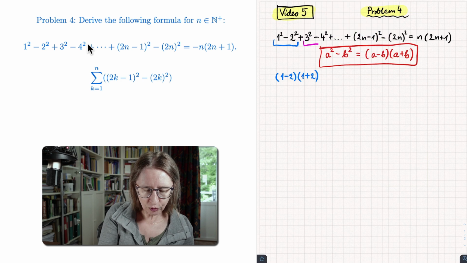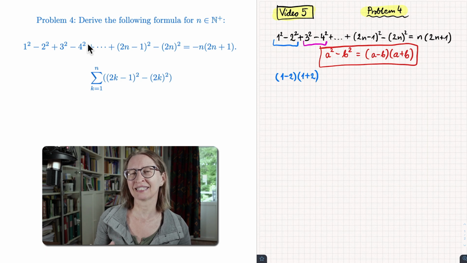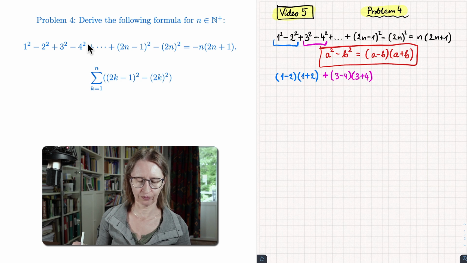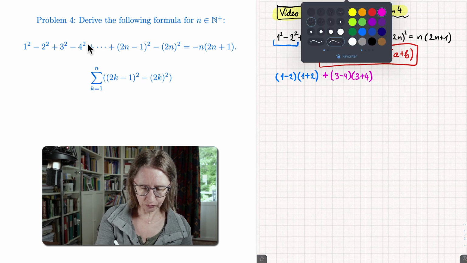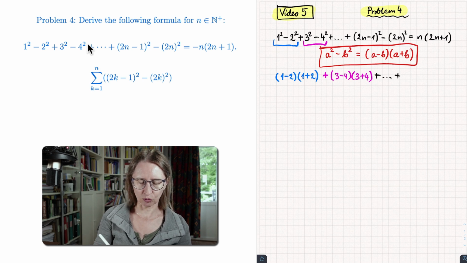Then I move to the second pair and I apply the same formula again, but this time with a equal to 3 and b equal to 4. Then I first get 3 minus 4, and in the second parenthesis 3 plus 4, right? Then I continue, so I will write plus, and the last one.